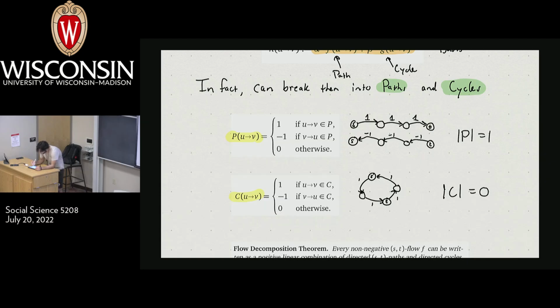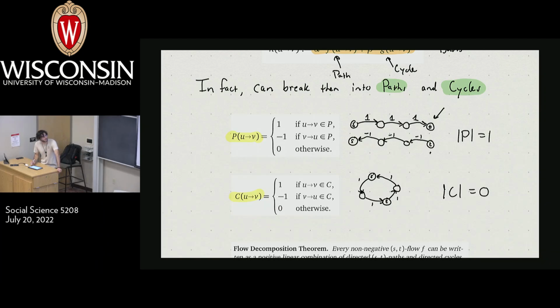So the picture, which is the real point, is they look like this. So either it's a path from S to T, where every edge has flow 1, or it's a path from T to S, where every flow value is -1.